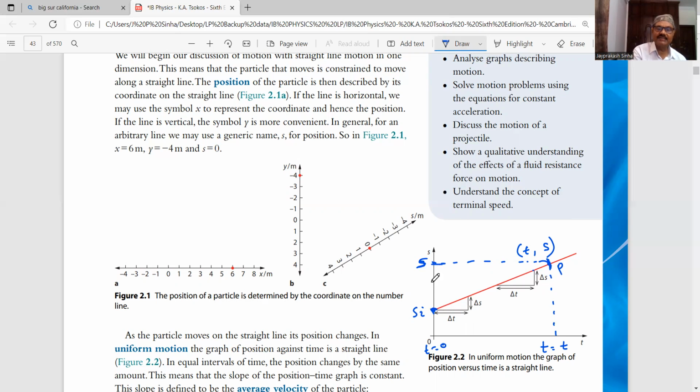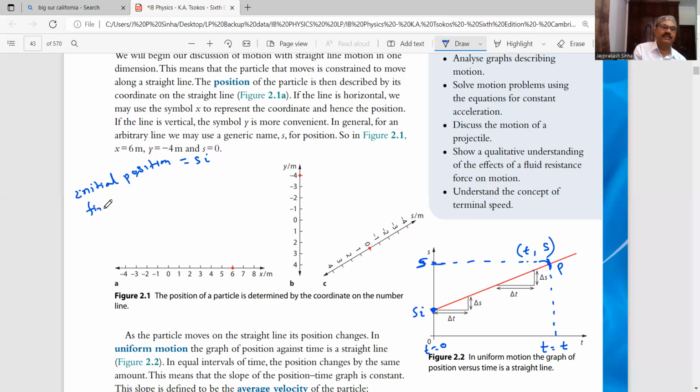so how will you find this S? You already know that the body, initially the body is at initial position, initial position is equal to SI.